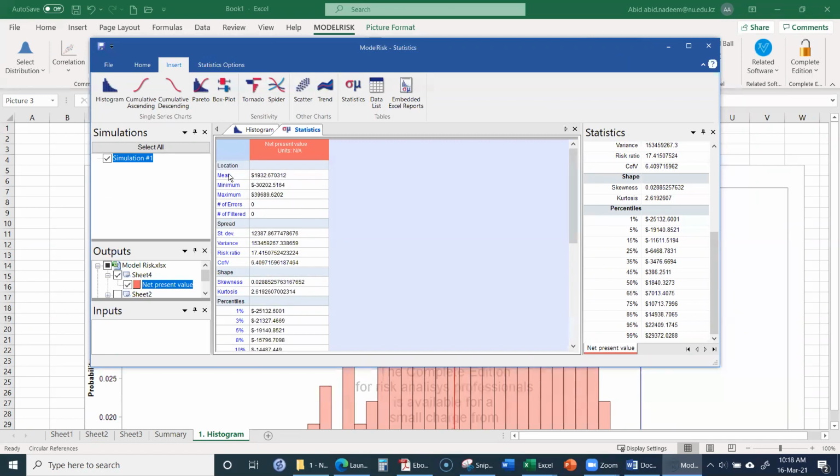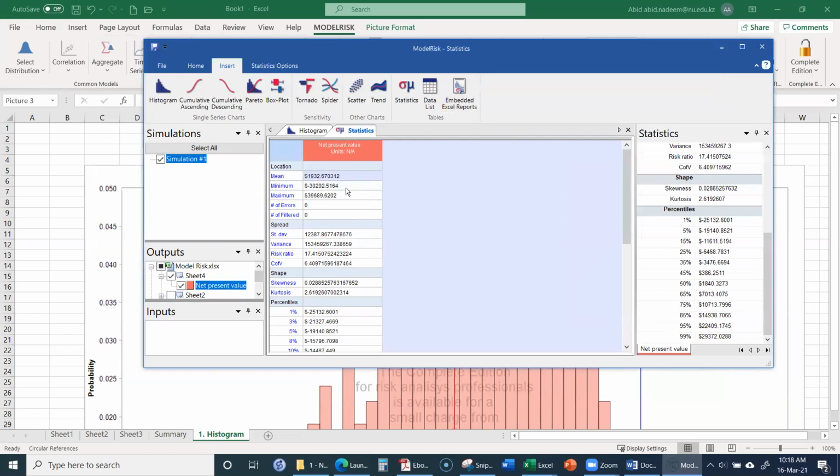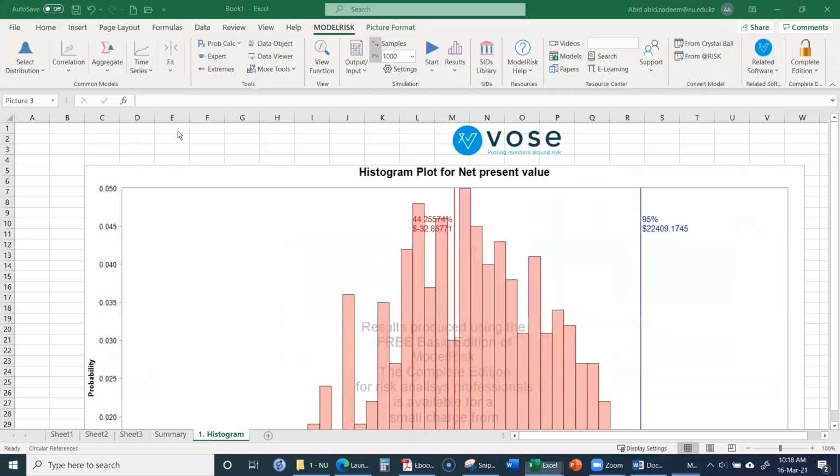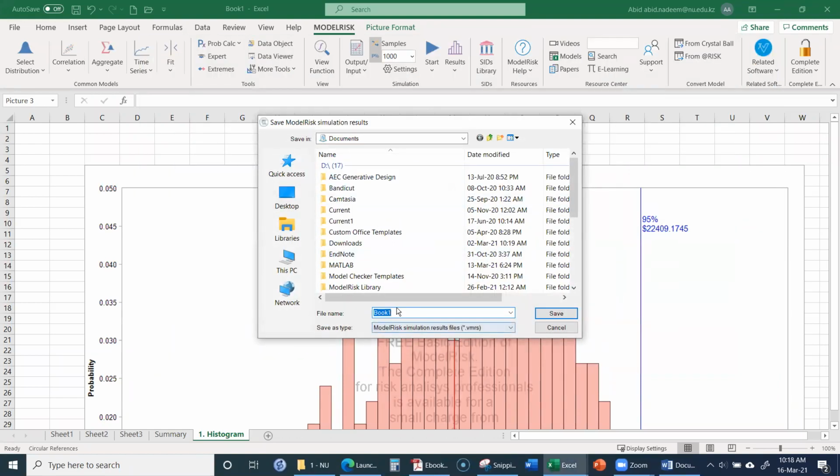But the program is not allowing you to copy it over here, because it is only available in the completed version. But you can even save it for your future use. So, simulation 1.